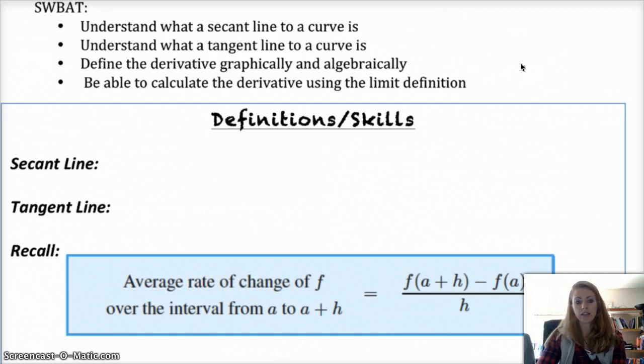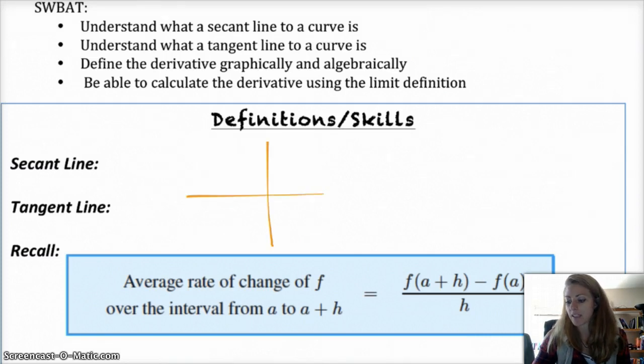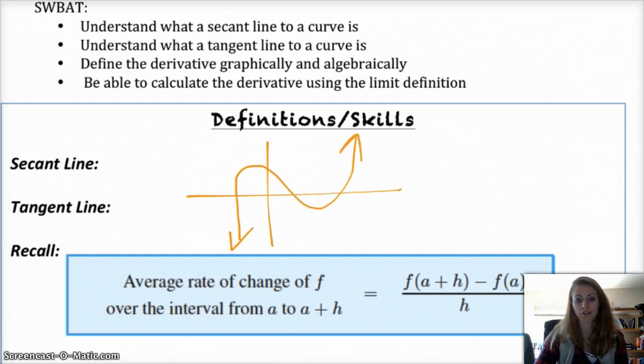So the first two vocab things that you kind of need to know, because I will probably use them at some point in the future, is what a secant line and a tangent line are. If you remember from the previous lessons, we talked about, say I have a curve, finding the average rate of change between 2 points. So let's say, for example, this is point 1 and this is point 2, and we're curious to know the average rate of change.